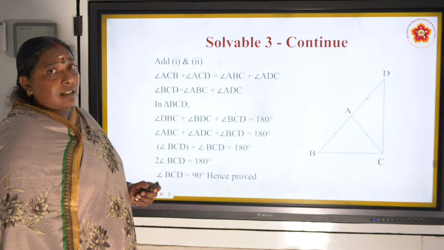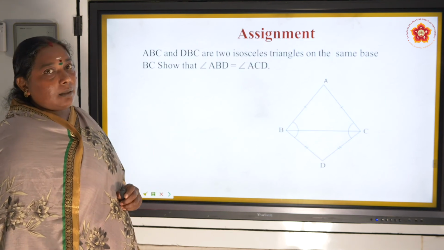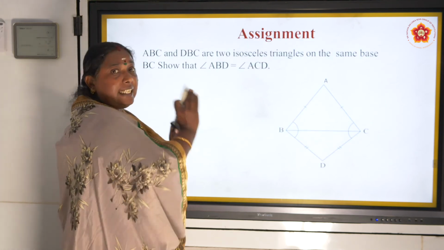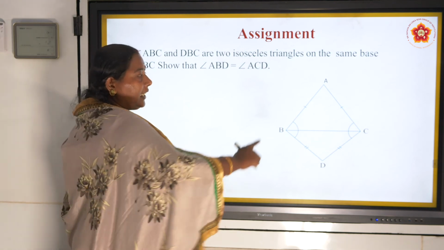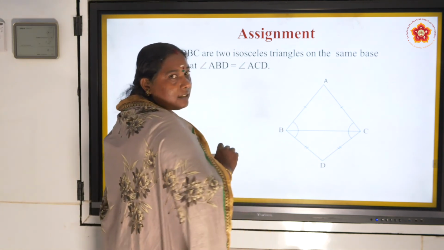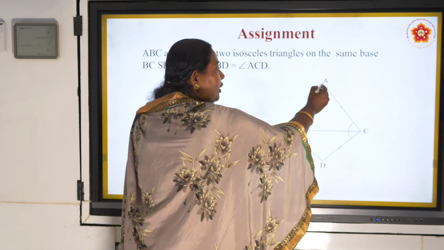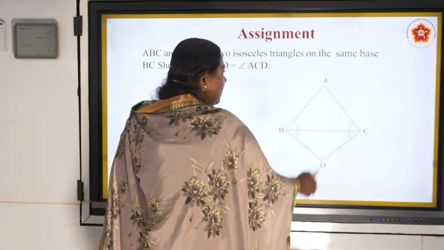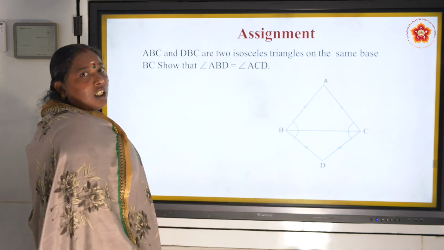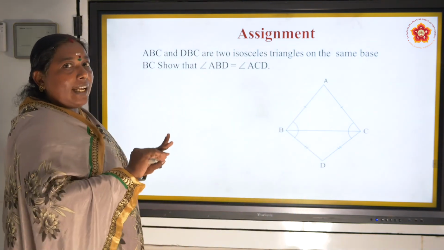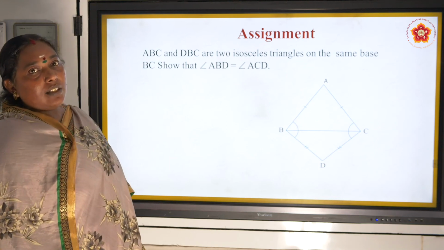And if we have done the sum, the last one is our assignment. This is the very easiest sum. Here you are seeing two triangles. You just have to make one more triangle by dropping a line here. If you create the other two triangles, you can easily solve this.